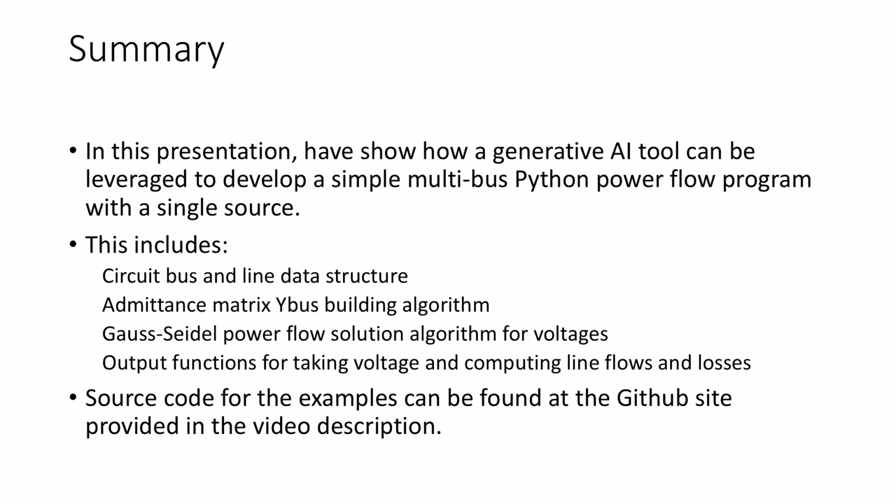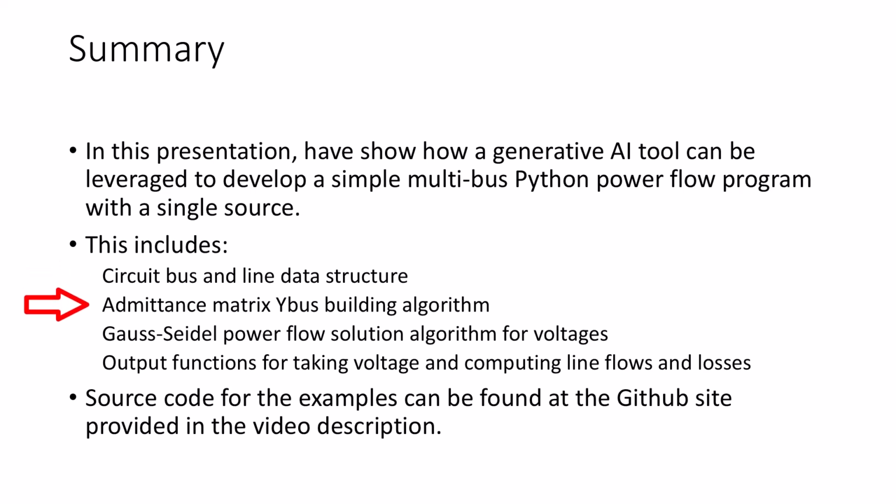In this presentation, I have shown how a generative AI tool such as ChatGPT can be leveraged to develop a simple multi-bus Python power flow program. In order to construct the power flow, we broke the development into smaller tasks. We started with a bus and line data structure as initialized by an input function.